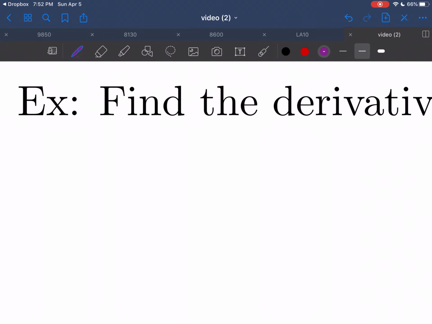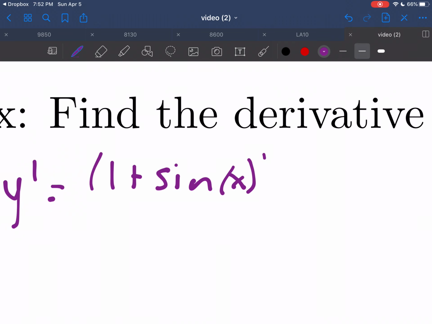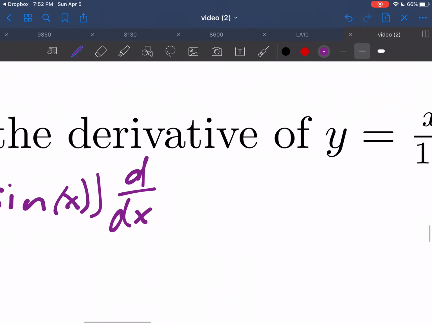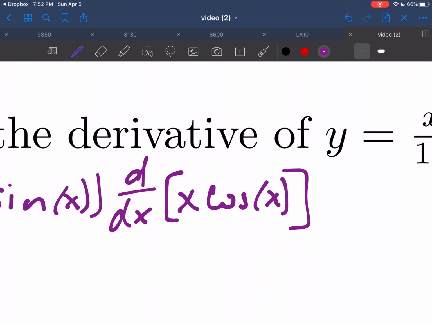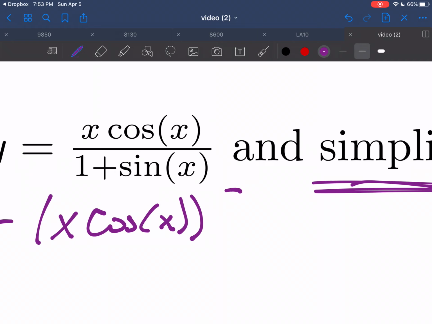Okay, so that'll be y prime is equal to 1 plus sine x times the derivative of our numerator, minus the original numerator times the derivative of the denominator.